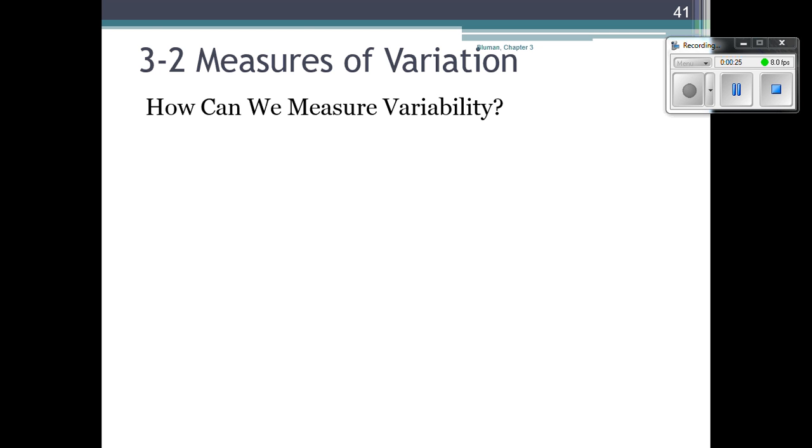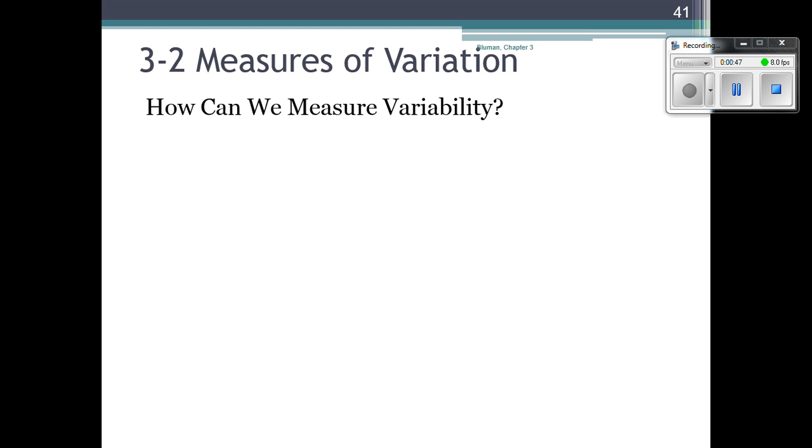It's just that we're talking about it with numbers, and when we get into variance and standard deviation, we are talking about how much these numbers vary from the mean, from the average, okay?